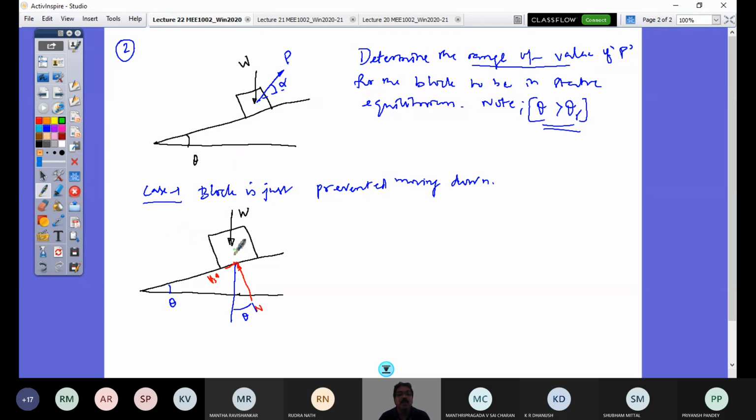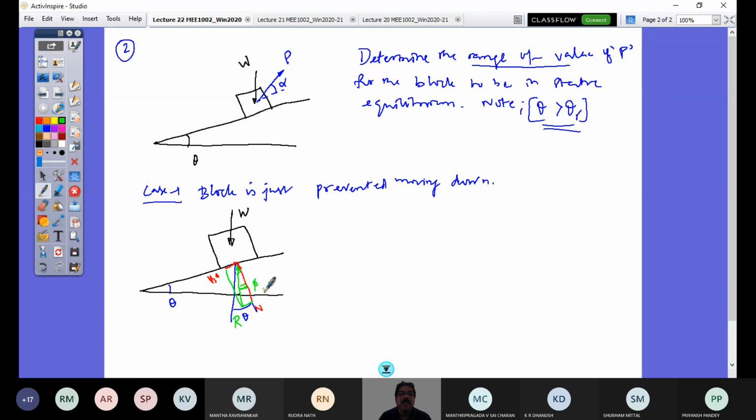So if I combine these two, look at the direction of the resultant. So this is the direction of resultant. So this now happens to be R, reaction, which is the resultant of friction force as well as normal. And now this angle is the friction angle.